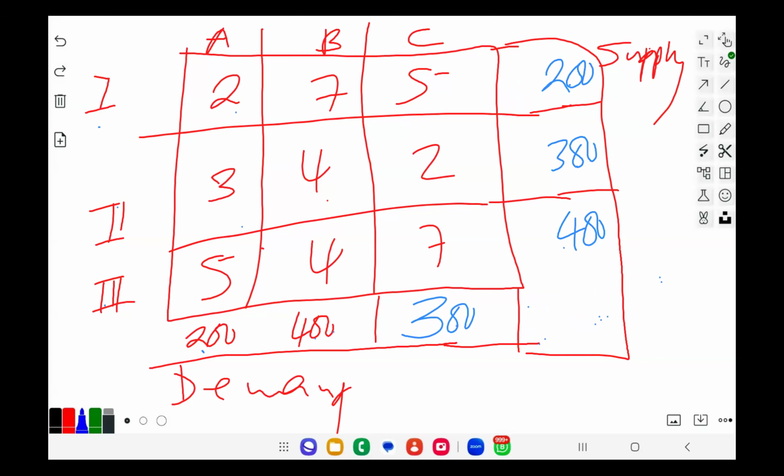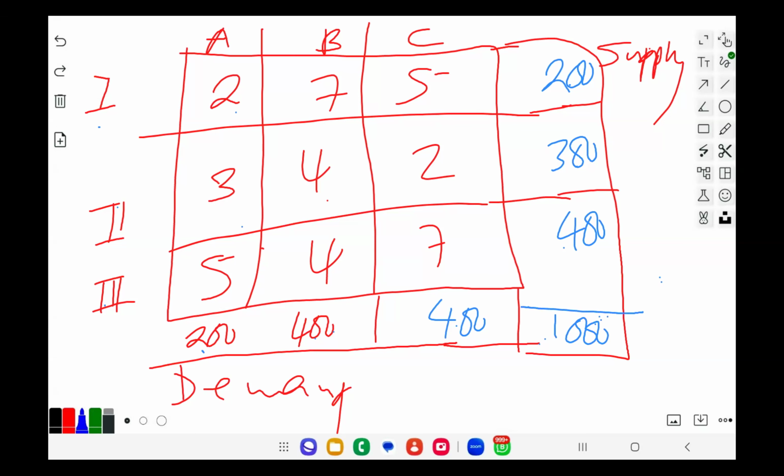When you reach here, for example, when you total your demand, let's say this will go back to where it was, 400. When you total the demand, it equals 1,000, right? You've seen that.